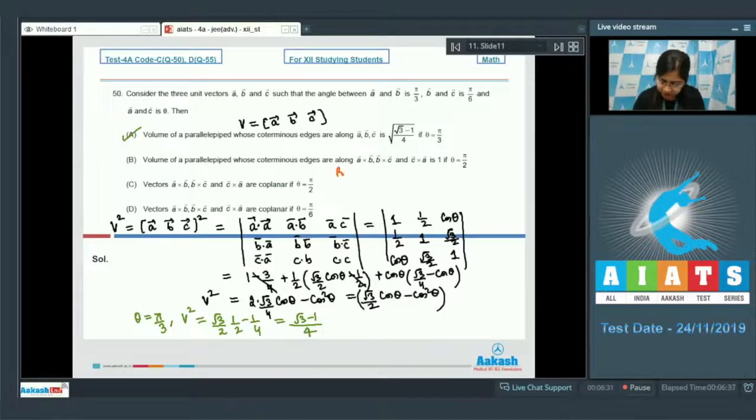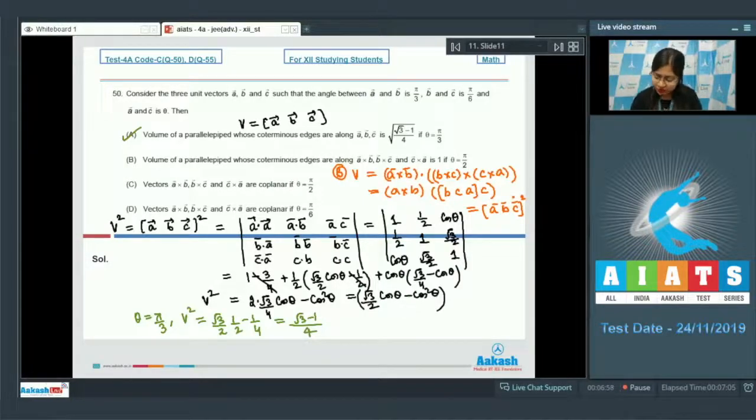So option B says volume will be equal to A cross B vector dot B cross C cross A. So that is equal to A cross B, BC A scalar triple product into C. So that is equal to again ABC whole square, right?